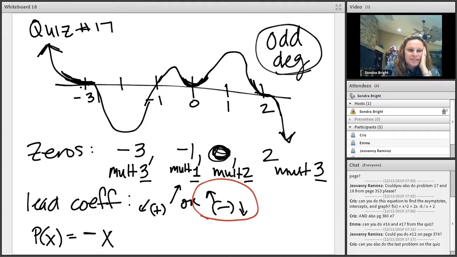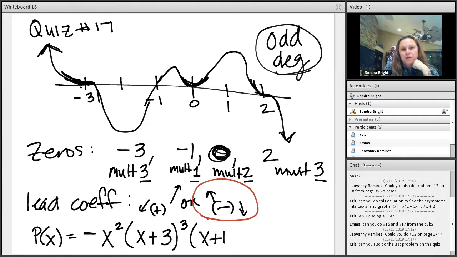So this is an x squared, and then an x plus 3 to the third power times an x minus negative 1, so plus 1 to the power of 1, so I don't need to write that, and then an x minus 2 to the third power. And that's how I wrote my answer.